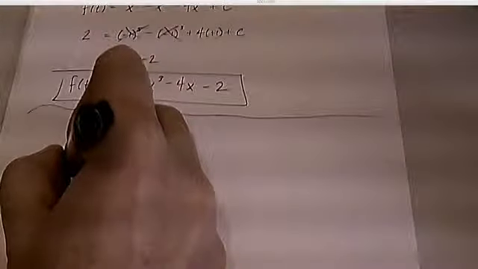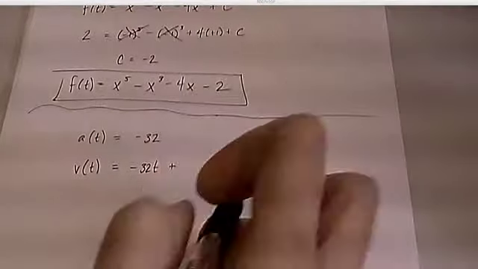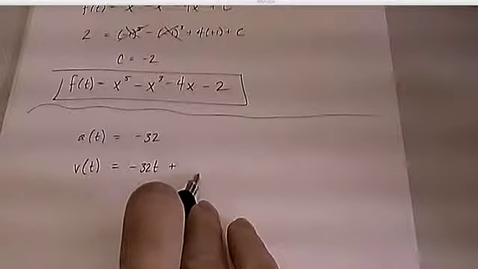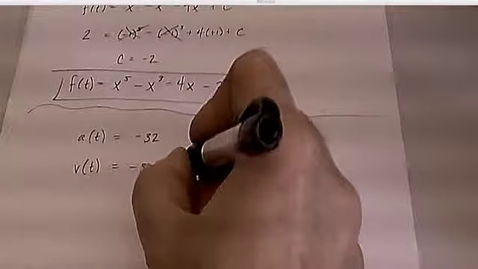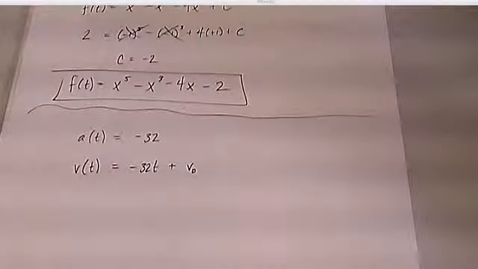It's a constant. But if I want to anti-differentiate, I need to go back to negative 32t plus an initial velocity, right? A constant. But that constant is a specific constant. That is actually v naught.